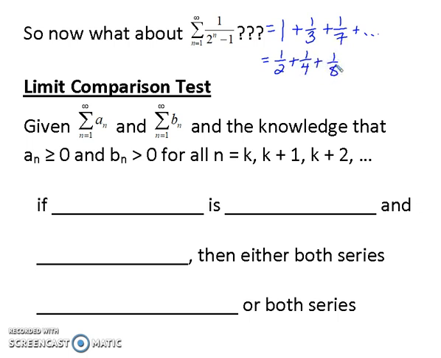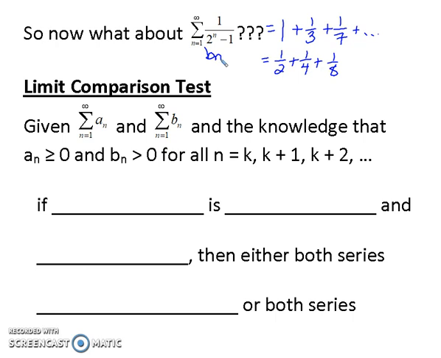So this doesn't work the same way as the others do, because 1 over 2 to the n minus 1 is actually larger term by term than 1 over 2 to the n. So this would be our b sub n series. And we can't do the comparison test that way for convergence if the series we're looking at is our larger series. We can only use it then to show divergence, which won't work.